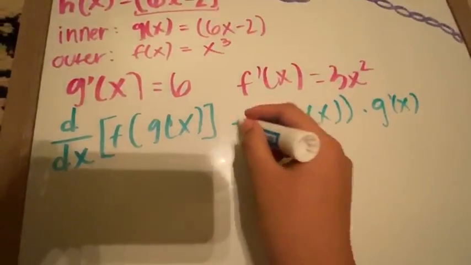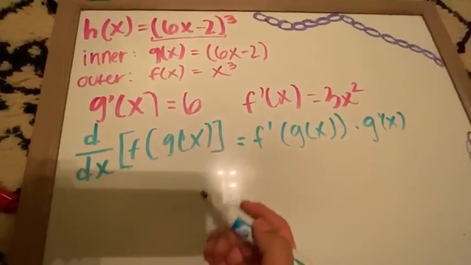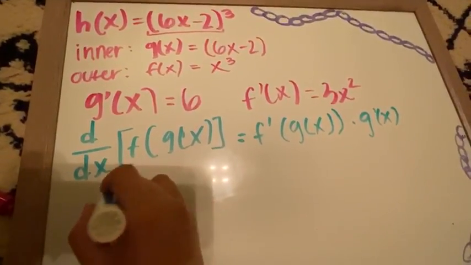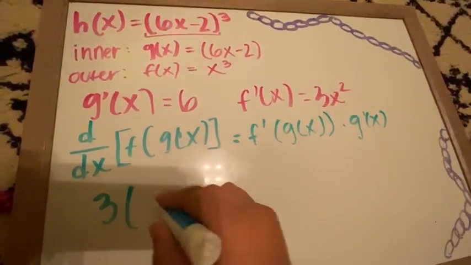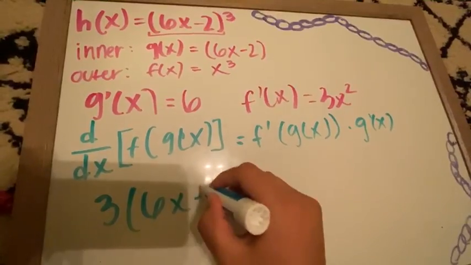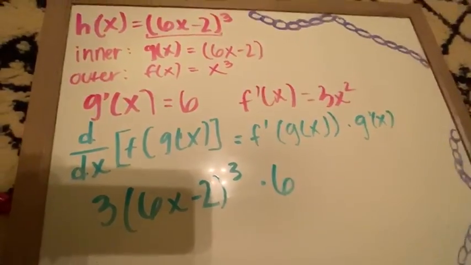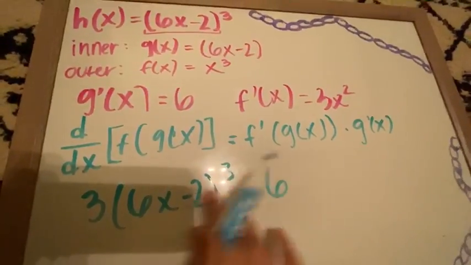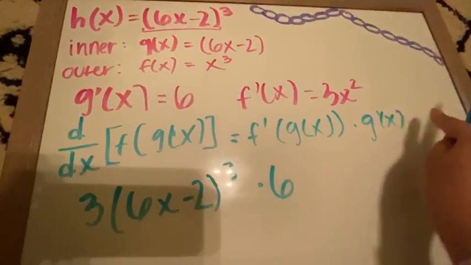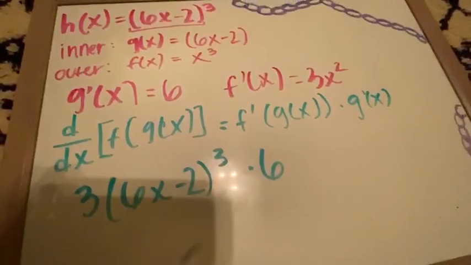So now we will plug it in. This will end up being 3 times 6x minus 2 squared times 6. And this is this exact thing with our substitutions.